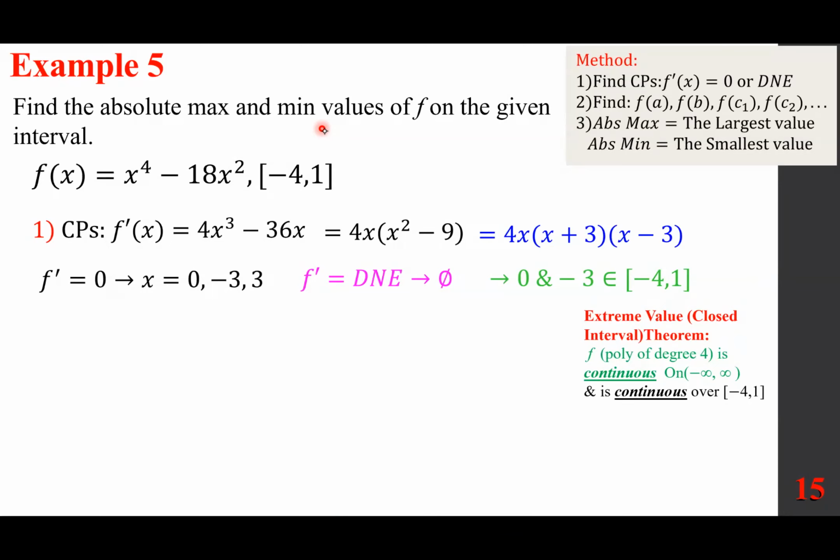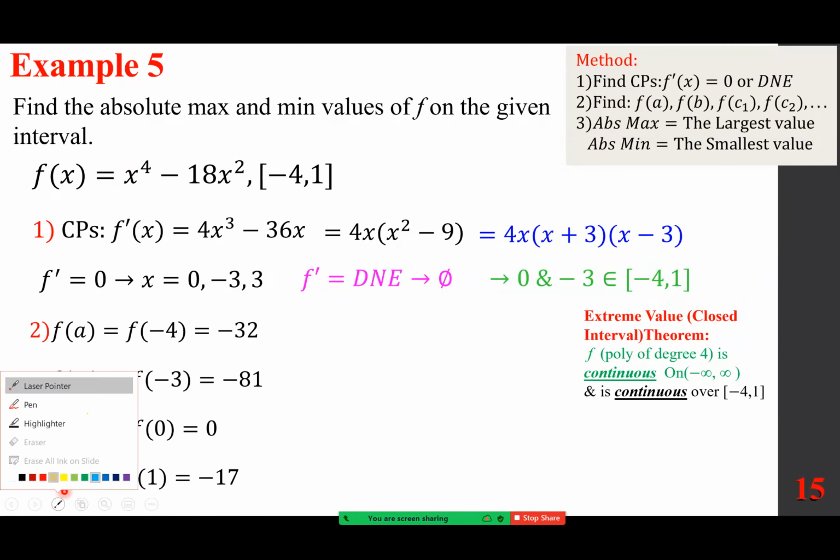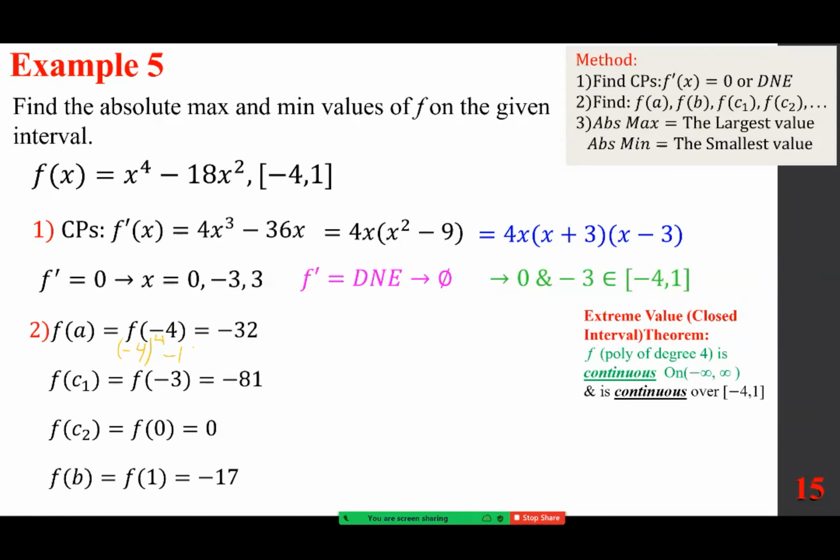So what happens when we plug in? You have to really evaluate this. For example, for -4, let me show you. For -4, we're going to write -4 to the power of 4 minus 18 times -4 to the power of 2, and we can simplify to -32.